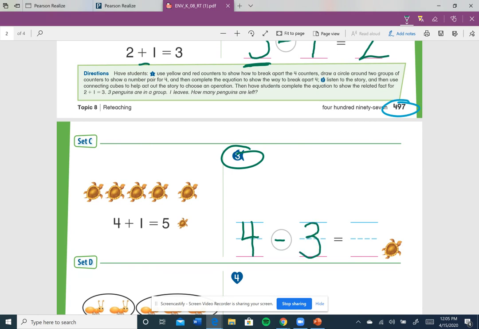Now, how can we show 4 minus 3? You can draw your counters, and then you can cross how many ever off. Or you could draw some turtles.